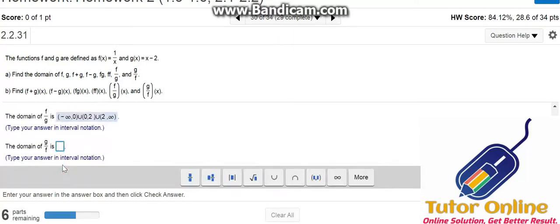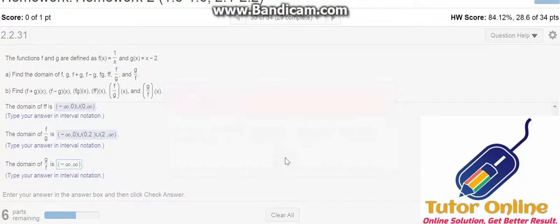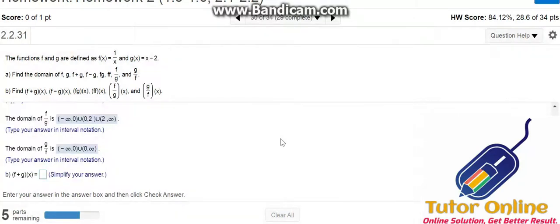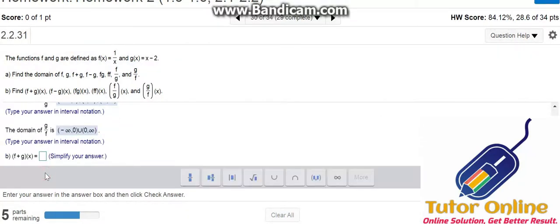Domain of g over f, g divided by f. So I think it's minus infinity to infinity. Let's check it, after that we will go to the solution. So it was g of f. We can't use 0 in this case either, since x comes in the denominator. So f plus g of x: we have to add f plus g, which is x squared minus 2 divided by x, I think.